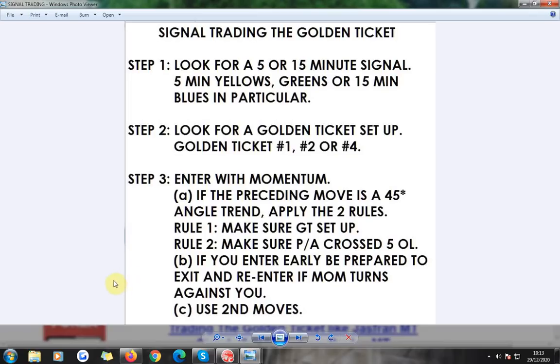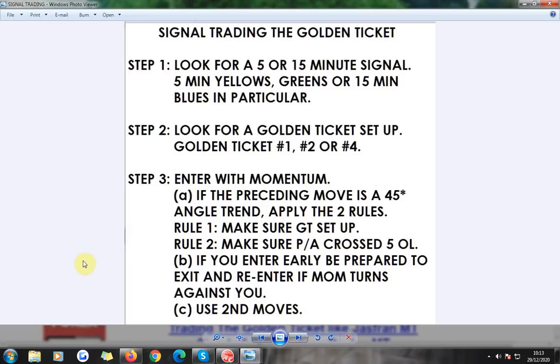But here's the thing. If you enter early, if you take the first move, and I would suggest you can take that first move, be prepared to exit and re-enter if momentum turns against you. You've seen MT say that when it hits the 5-minute orange line and starts to bounce, he gets out. He just closes the trade. So effectively, don't let a winning position become a losing trade.